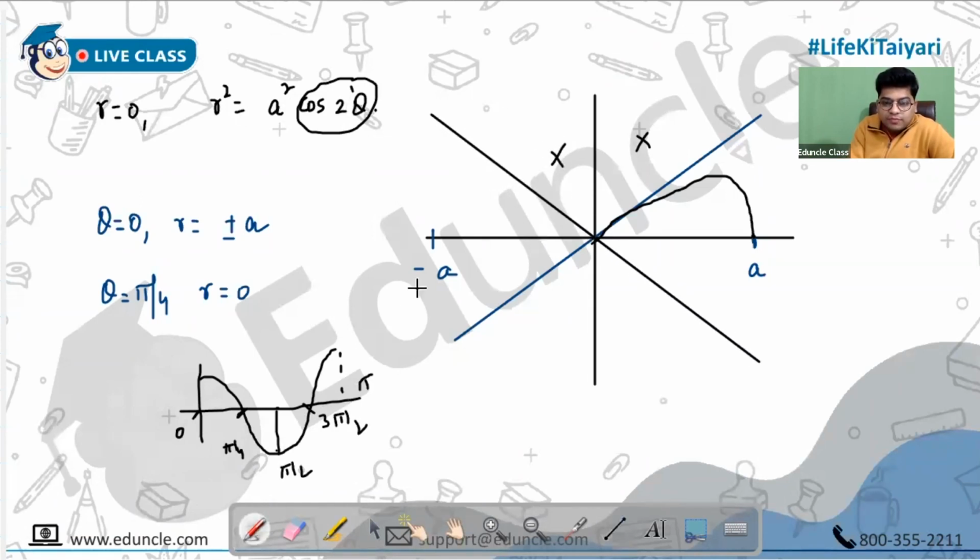Yes or no? Then you can say, oh yes, this is 3 pi by 2 to pi. Cos theta, when you take theta is pi, then it is 1. Okay, r square, a square.